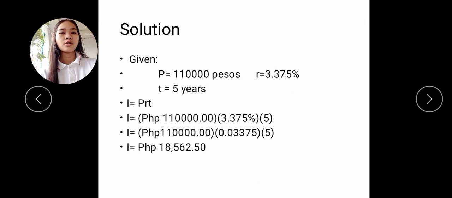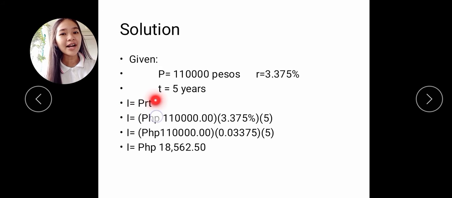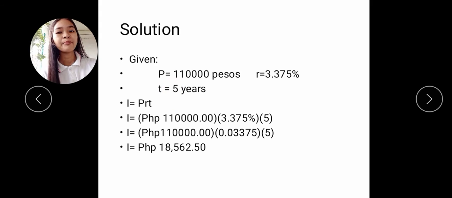So, our solution for this, with the given P equals 110,000 pesos, R equals 3.375%, and T is 5 years. So, I equals PRT. The formula that we will use is I equals PRT because we are finding the I. So, we will substitute: I equals 110,000 pesos times 3.375% times 5.